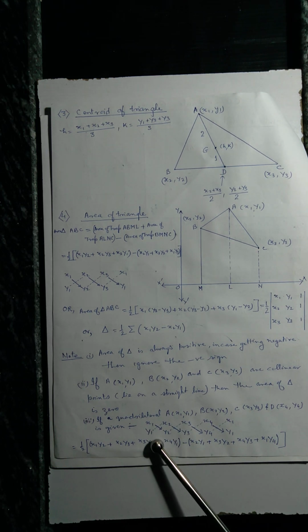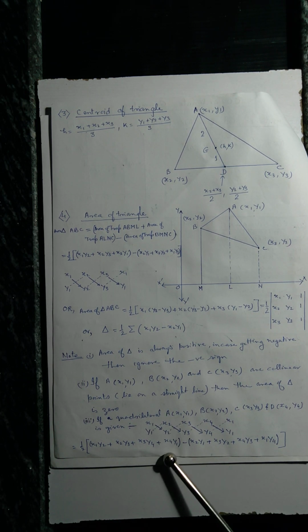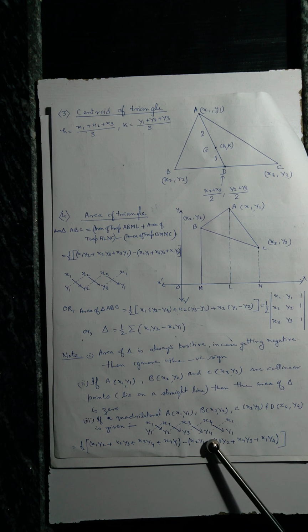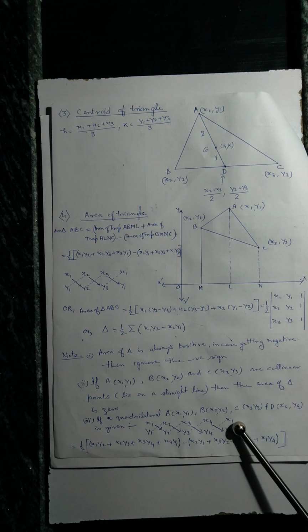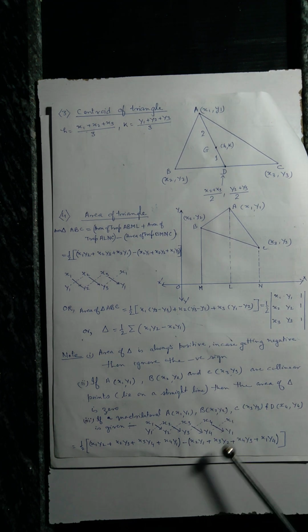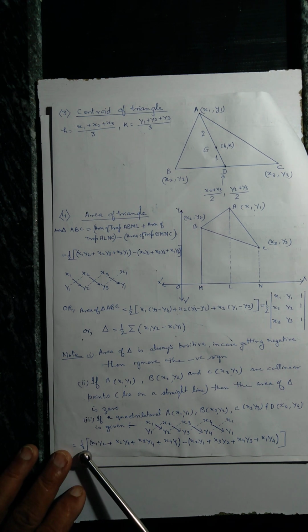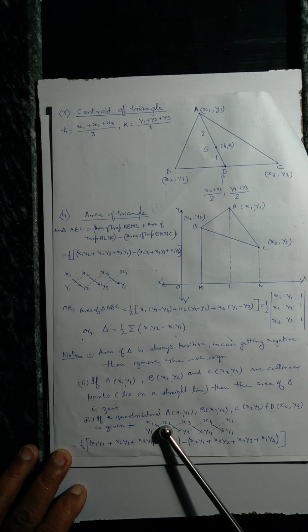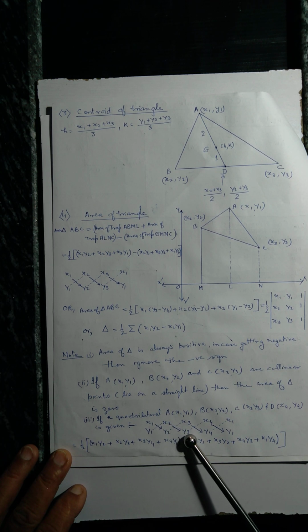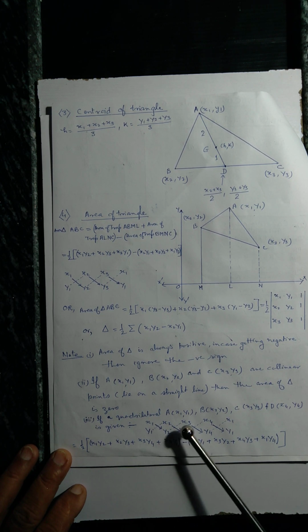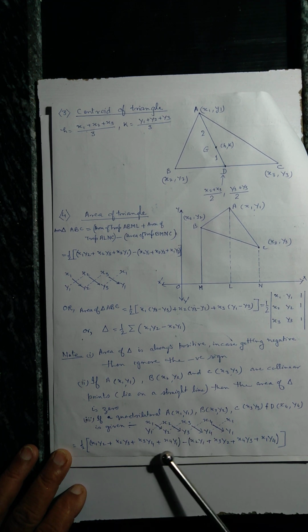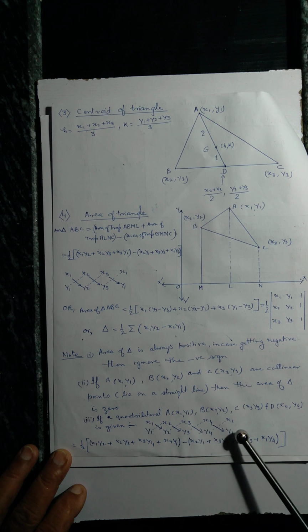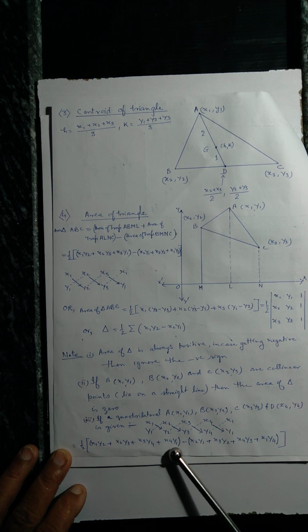You see x1 y1, x2 y2, x3 y3, x4 y4 and again you write down x1 y1. So you see 1 by 2 [x1 y2 plus x2 y3 plus x3 y4 plus x4 y1. Here I have written x4 into y1.